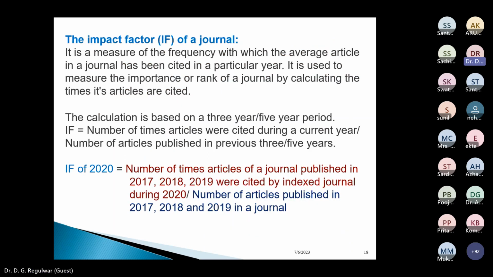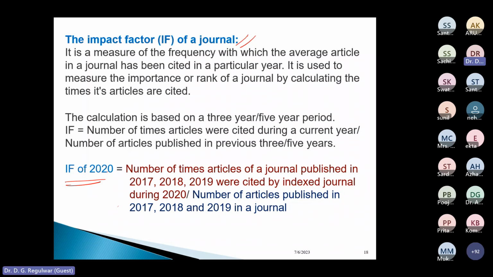Okay. So I told you about the impact factor of a journal. What is this impact factor of a journal? If you look at this calculation: the number of times articles of a journal published in the previous 3 years, like 17, 18, 19, were cited by indexed journals during the fourth year, 2020.